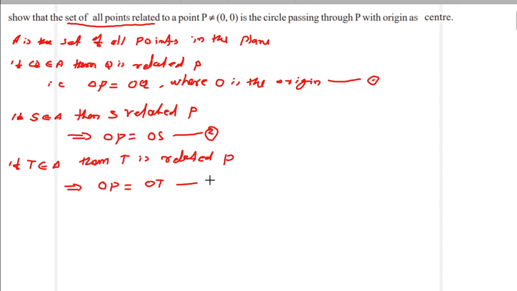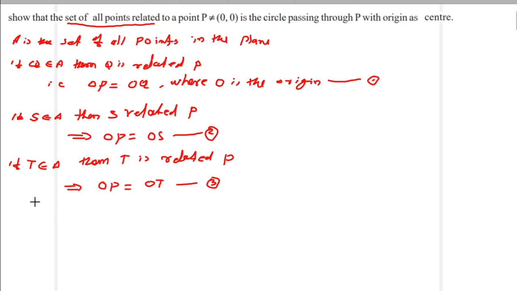Number three. So here in A there are infinitely many points, the set of all points in the plane. If you take any point in A that is related to P, it means OP equal to OT.